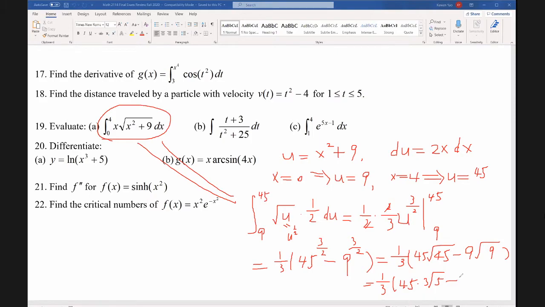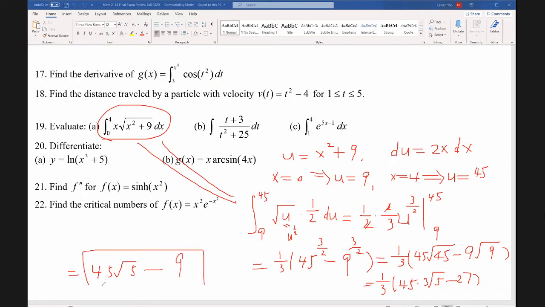This is 27. Okay, so let me write down an answer here. Put a 1/3 inside. You cancel out the 45 square root 5. Minus 1/3 times 27 is 9. We have found the exact answer.